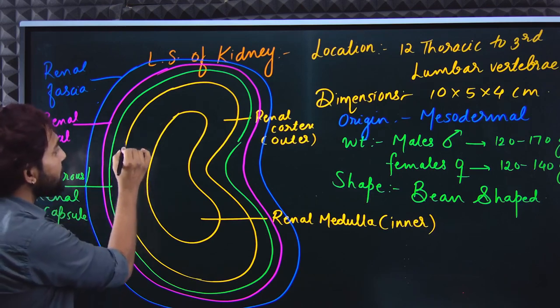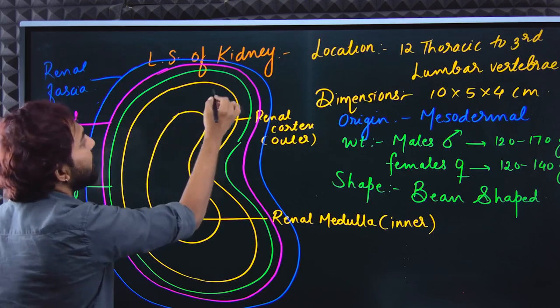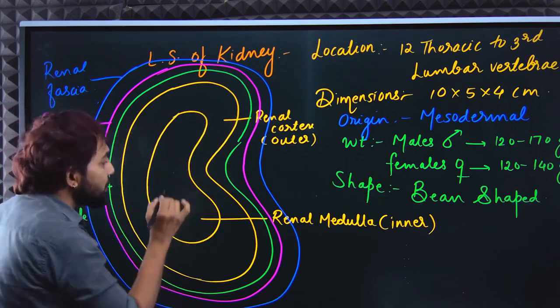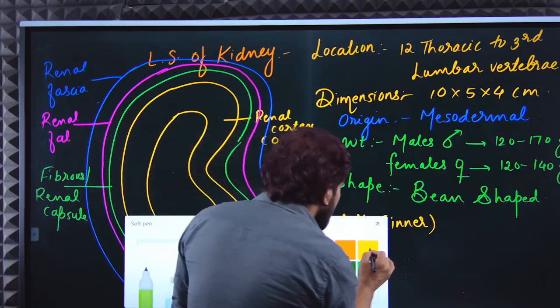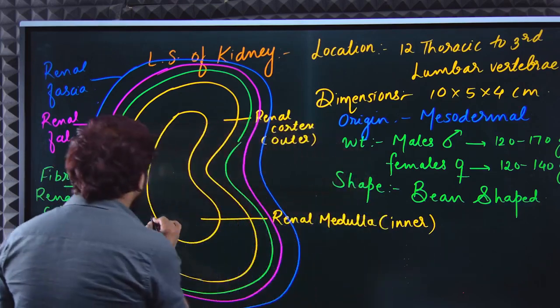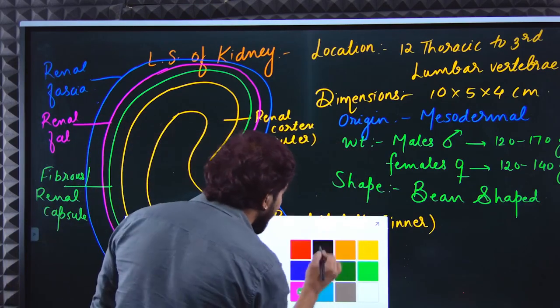Now this entire area is the renal cortex, and this inside area is renal medulla. Now what happens is, some part of the cortex enters into the medulla.